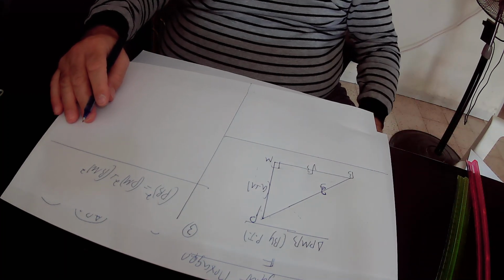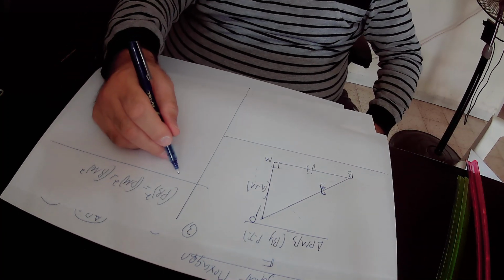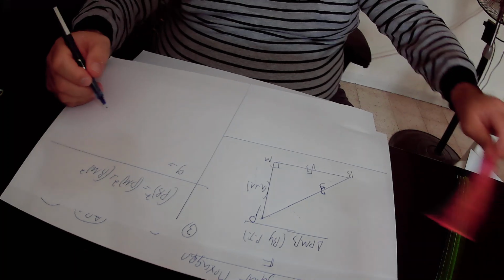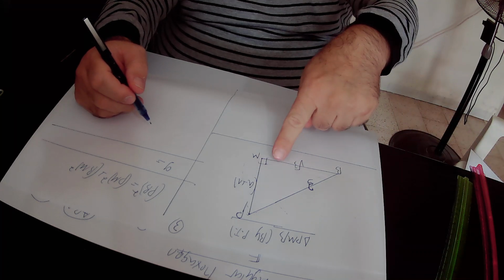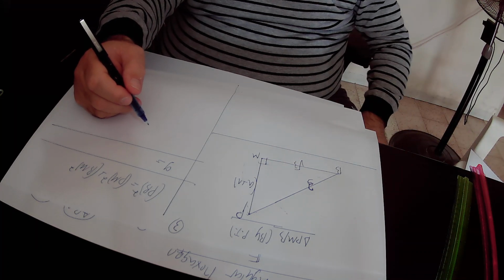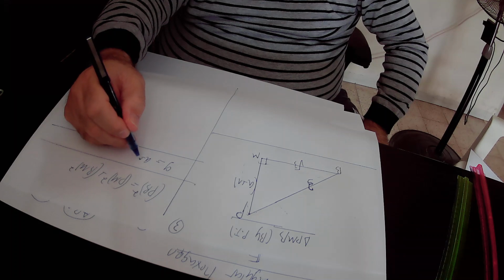PB equals 3 units, therefore PB squared is 3 squared, that is 9, and it is equal to PM squared plus BM squared. PM equals a plus 1, therefore PM squared equals (a plus 1) squared.